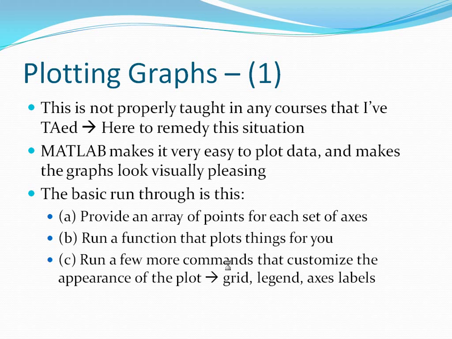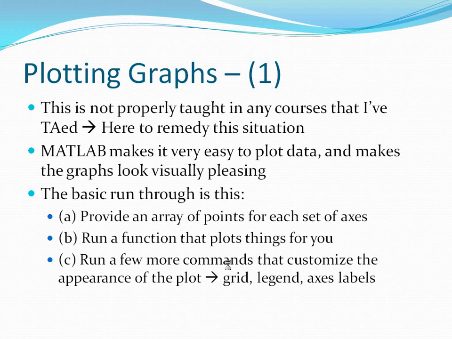All right. So the basic run through are these 3 steps. First, you got to provide an array for each set of axes. So, for example, if you wanted to graph a 2D graph, you got to supply a pair of x points and a pair of y points on a Cartesian grid. Okay. You provide an array of points for each axis, and then you run a function that plots things for you.